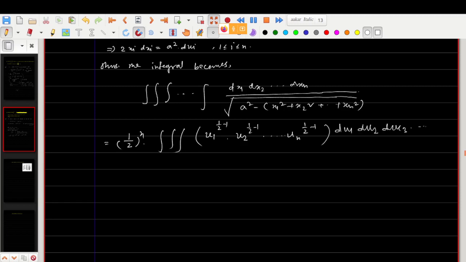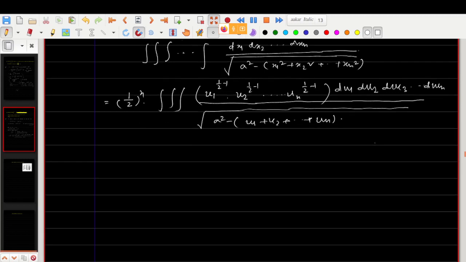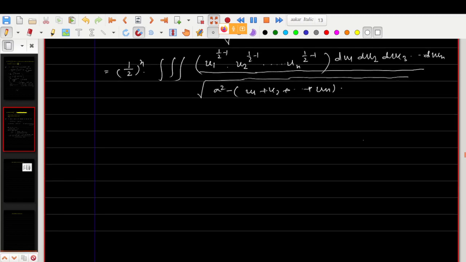Whatever I am doing, I am only doing to convert this integration to an integration where I can use Dirichlet's formula. Right? In my experience, this is one of the easiest formulas to compute multivariable, in fact volume integrations. You can just add the clearance, you can solve it.